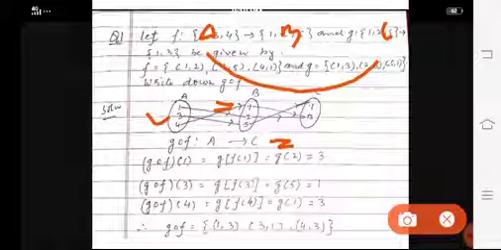This is set A, this is B, this is C. So F composite G will be a function from A to C.